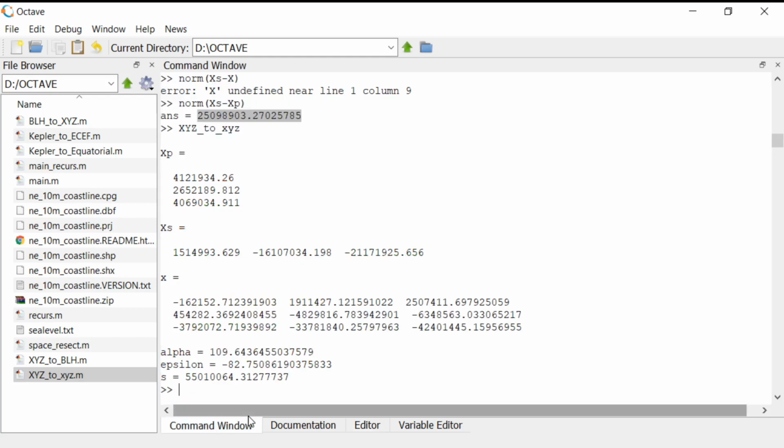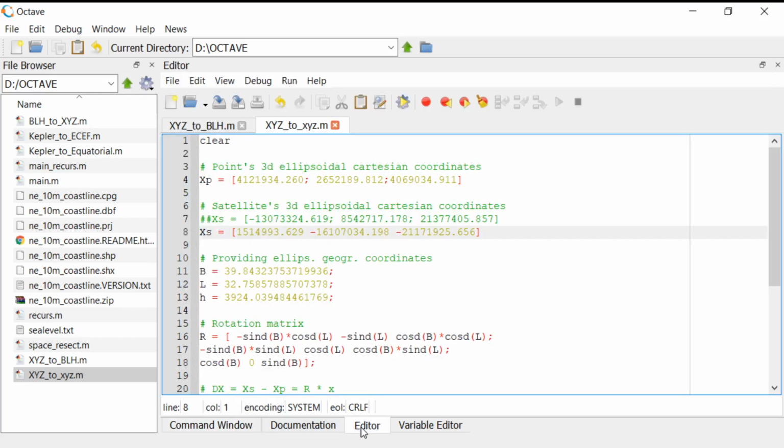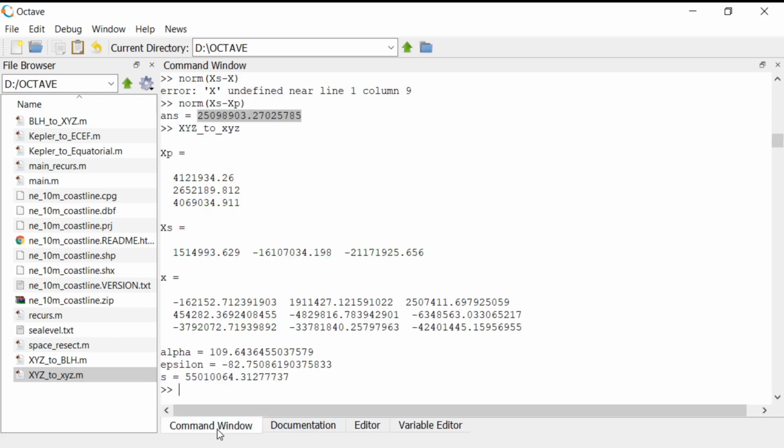And as you can see, the alpha angle will be 109 degrees, and the epsilon angle will be minus 82 degrees. So this means the satellite is below the horizon. That's why I cannot see the satellite, and the distance, as you can see, is 55 million meters. So this satellite cannot be visible from my point P.